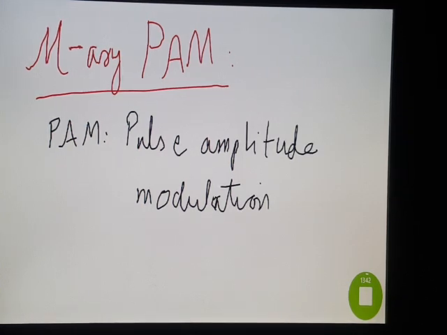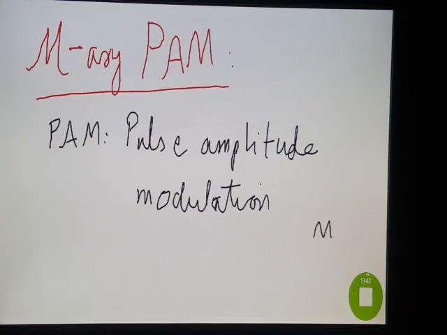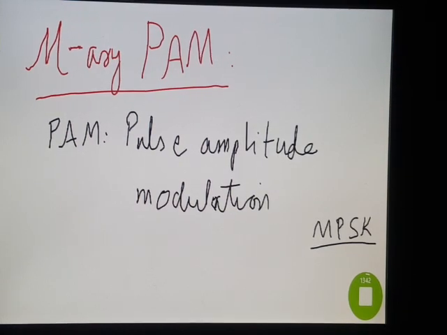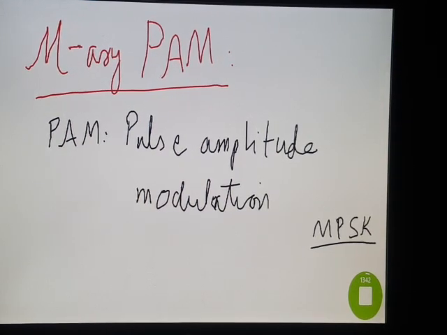We already know from our previous lectures that we learned M-ary phase shift keying, or M-PSK, where we have M phases to represent M unique symbols or M unique signals.